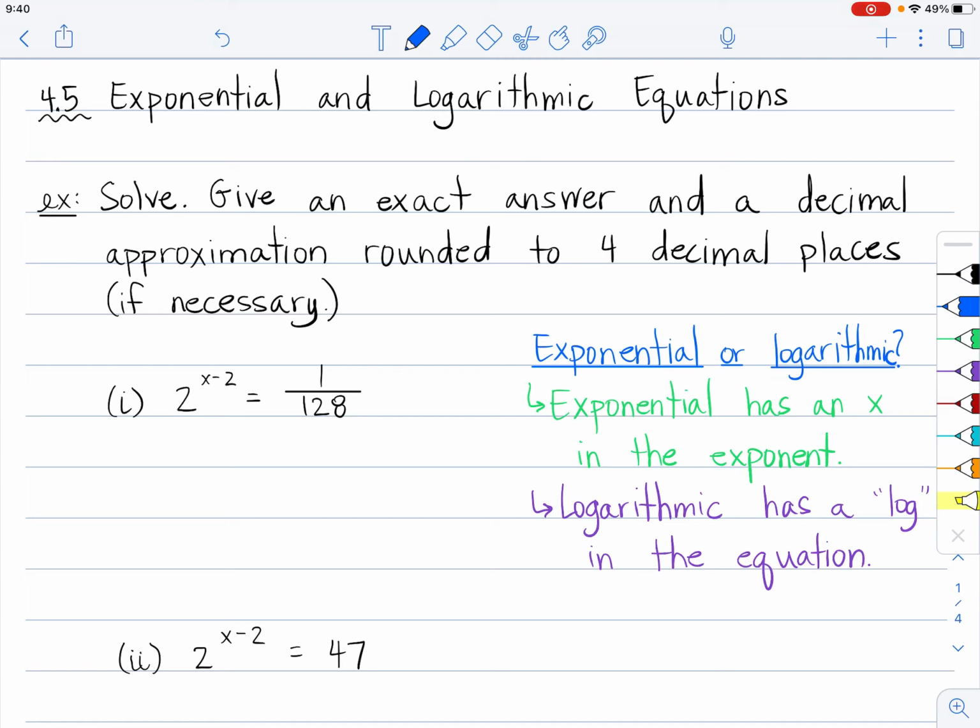So there are going to be 2 types of exponential equations that have 2 different ways to solve them each.